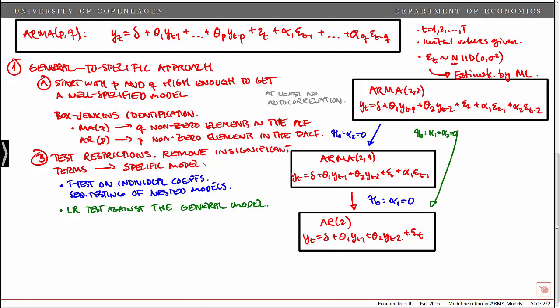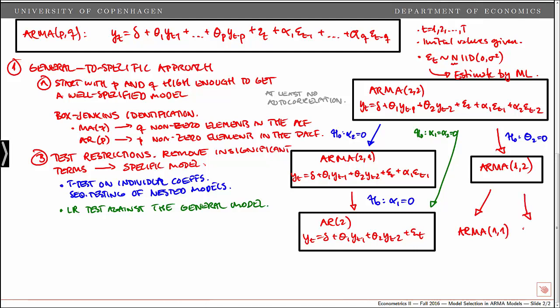Just note that there are many other paths we could have taken. We could have started by looking instead at an ARMA 1-2 model. That would correspond to testing the hypothesis that theta_2 is equal to 0. After that, we could take a look at an ARMA 1-1 model, or we could look at an MA2 model.